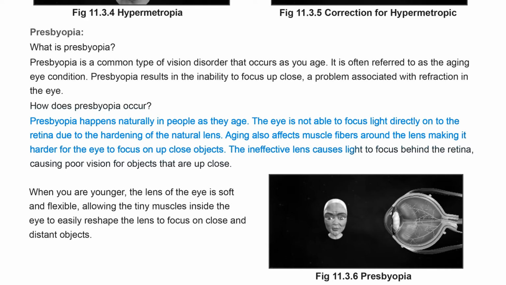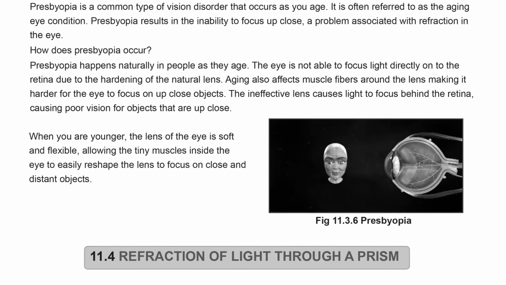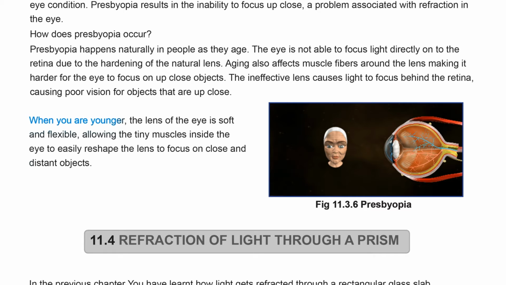The ineffective lens causes light to focus behind the retina, causing poor vision for objects that are up close. When you are younger, the lens of the eye is soft and flexible, allowing the tiny muscles inside the eye to easily reshape the lens to focus on close and distant objects.